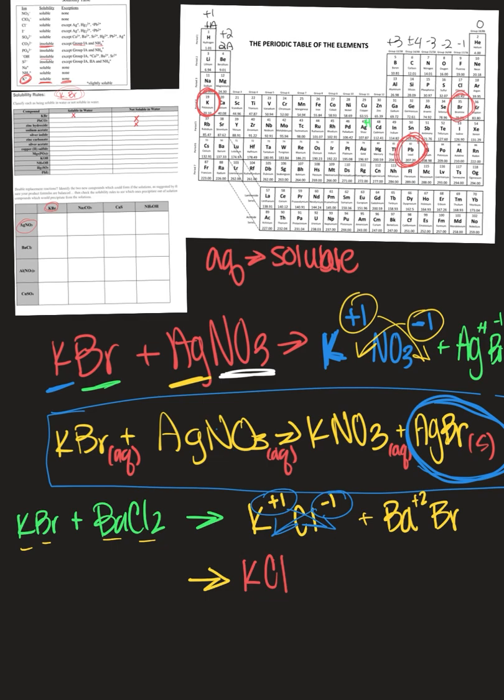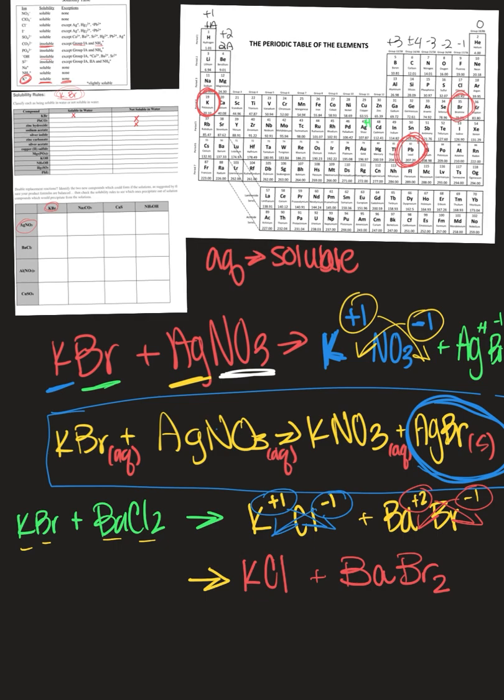Negative. Good. All right. Now, cross, lock, and drop. This is when it actually applies. So you're going to have barium, which gets the 1, but bromine gets a what? A 2. So it's BaBr2.